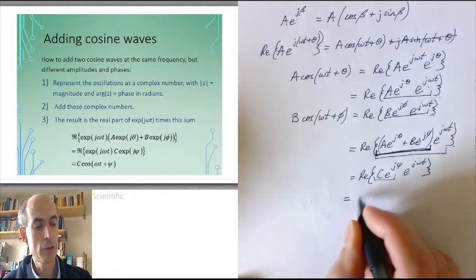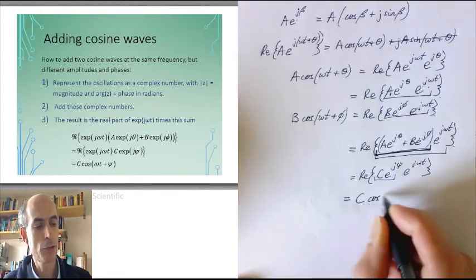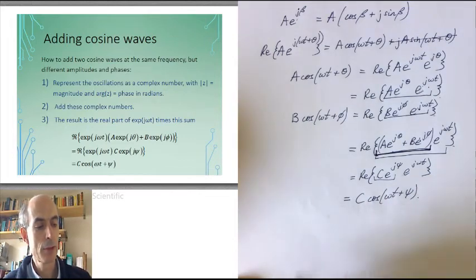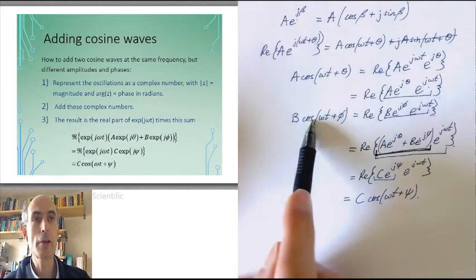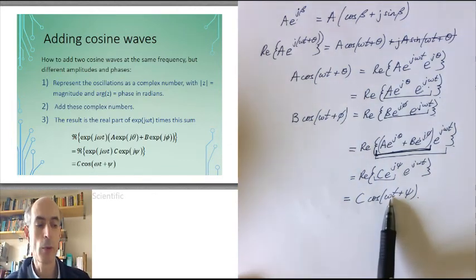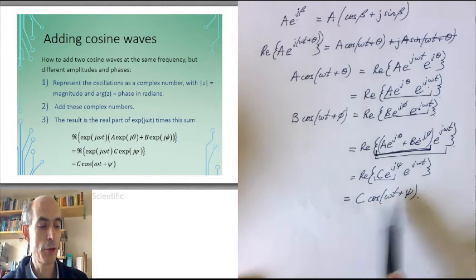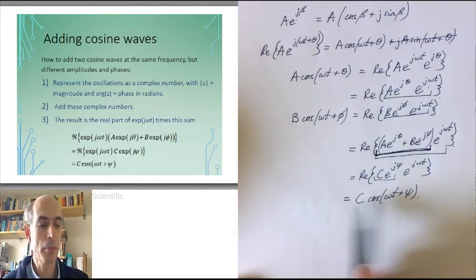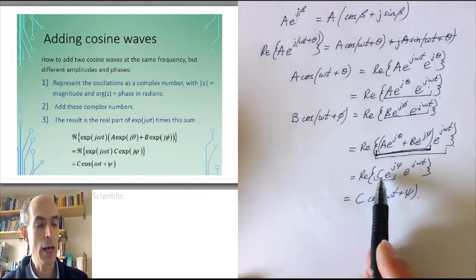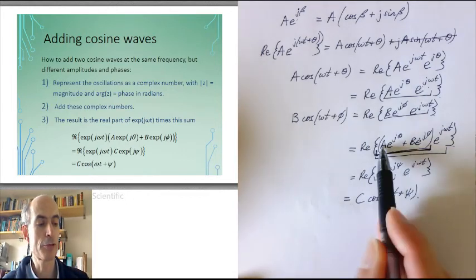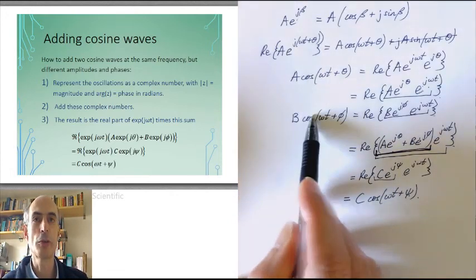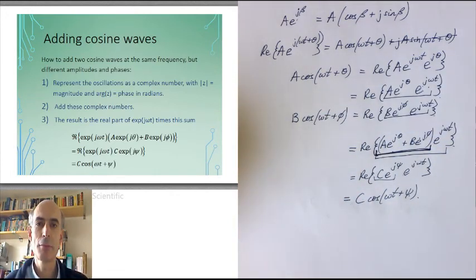That is a cosine wave c cosine (omega t plus psi). So I've added up my two cosine waves here, and I've produced an output cosine wave here with a different amplitude and a different phase. And the amplitude and phase of this sum is given by adding up these two complex representations, or phasors, representing these two cosine waves. There's a demo on the website so that you can play around with this.